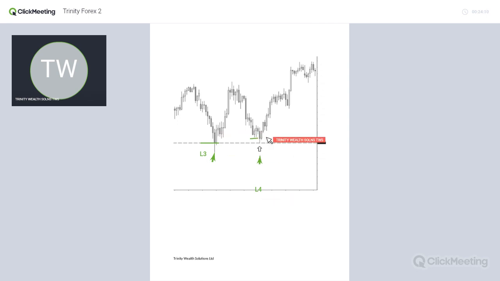But now this low, our L4, appears around here. The market has given us a signal that it's actually reversing. We know now this low is higher than the previous low, and already this is a characteristic of an uptrending market, because in an uptrending market the lows get higher as the highs get higher.